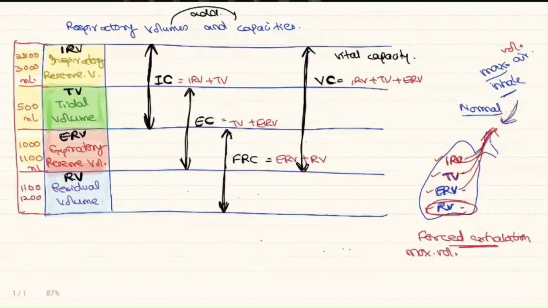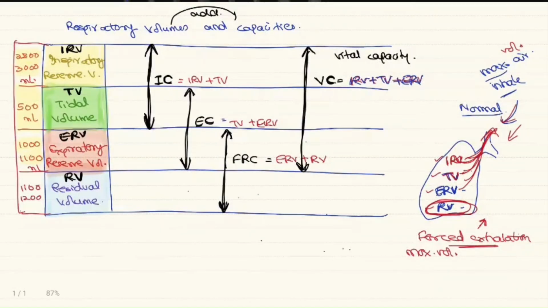So vital capacity can be called as the maximum volume of air a person can breathe in after forced exhalation, or the maximum volume of air the person can breathe out after forced inhalation. That is, except for RV, I can go for forced inhalation or exhalation of only the first three, that is, the IRV, the TV, and the ERV. So only these three can either be removed or they can be inhaled. So this is called as vital capacity.